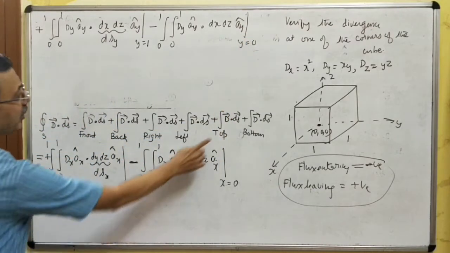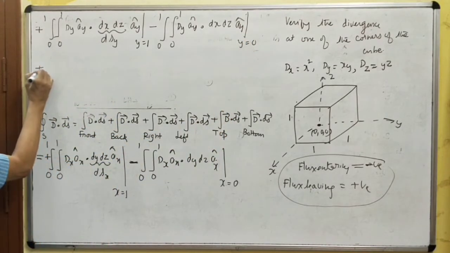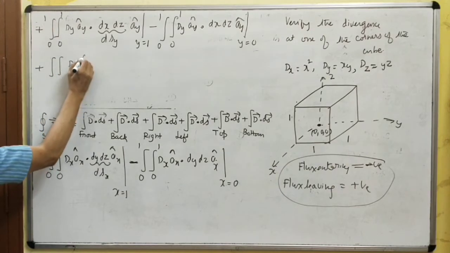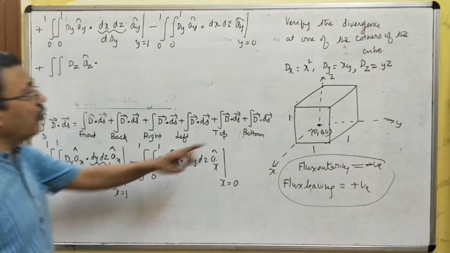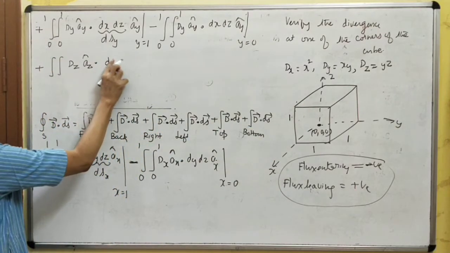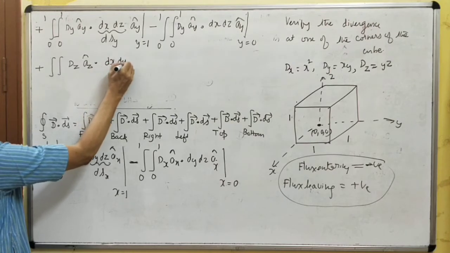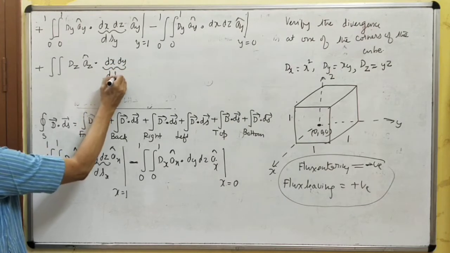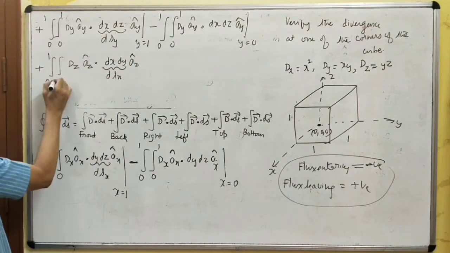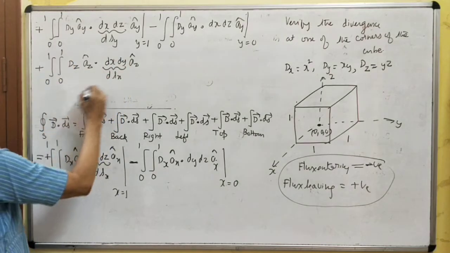Next I will evaluate the fifth integral. Plus double integral Dz a_z cap dot. What is the area of the top face? It is dx dy, which is nothing but dS_z into unit vector a_z cap. X varies from 0 to 1, y varies from 0 to 1.